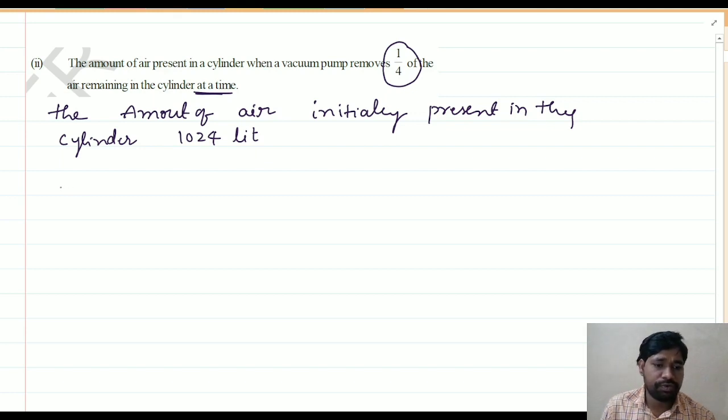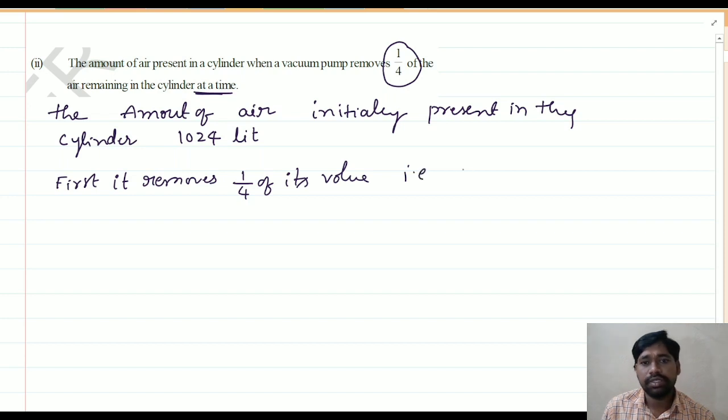First it removes 1 by 4th of its volume, that is 1024 into 1 by 4. 4 ones are 4, in 10 it is 2 times, 2 left, 22. 4 fives are 20, 2 left, 6.